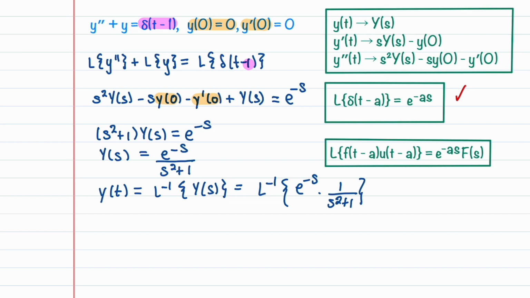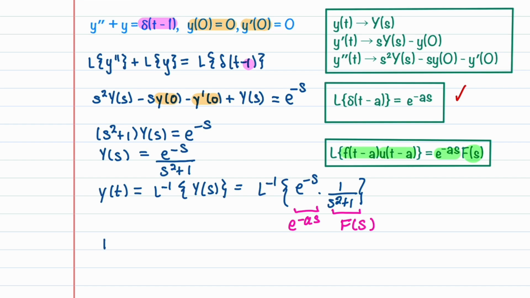Writing it this way, we have our e to the minus as, and we can write this one as capital F of s. Over here on the right, I put down the formula that we're going to need. We have e to the minus as times capital F of s, and the inverse Laplace transform of that is f of t minus a times u of t minus a.